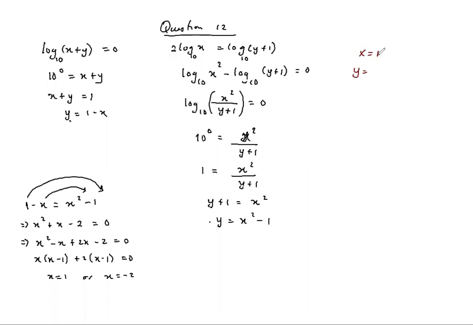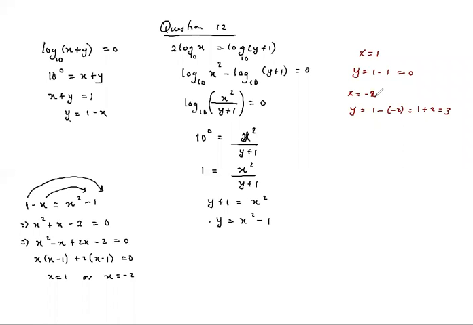When x is 1, y = 1 − 1, which is 0. And when x is negative 2, y = 1 − (−2), which is 1 + 2, which is 3. So x is negative 2 and y is 3.